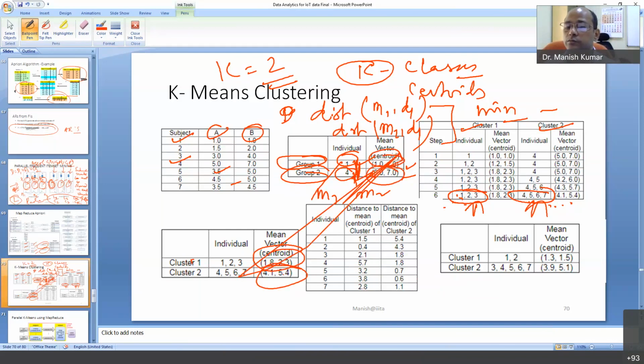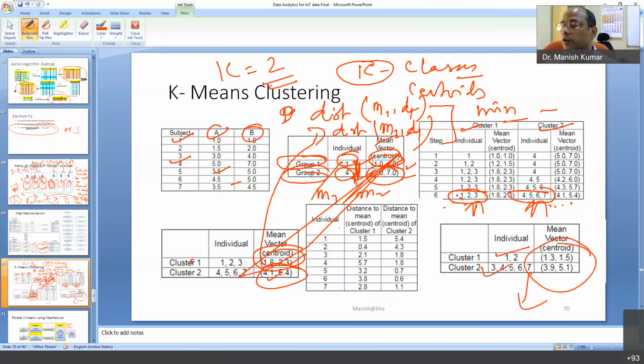We do the same thing: mean 1 will be replaced by this, mean 2 will be replaced by this, and then again the distance will be calculated for all the data, and finally the closer will win. Accordingly, in cluster 1 there will be 1 2, and in cluster 2 there will be 3 4 5 6 7 with this mean.